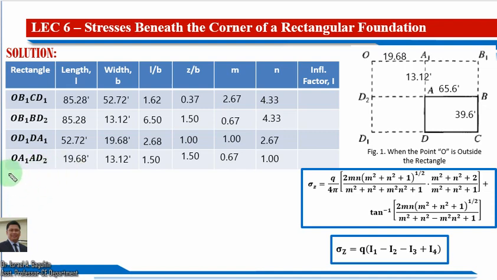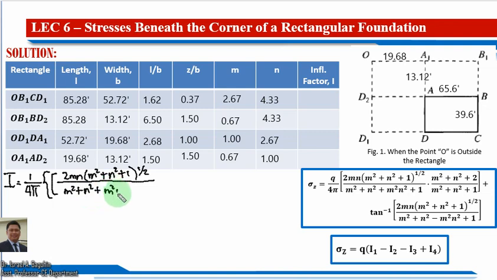For our influence factor I, we have I equal to 1 over 4 pi times 2mn times the square root of m squared plus n squared plus 1, over m squared plus n squared plus m squared n squared plus 1.